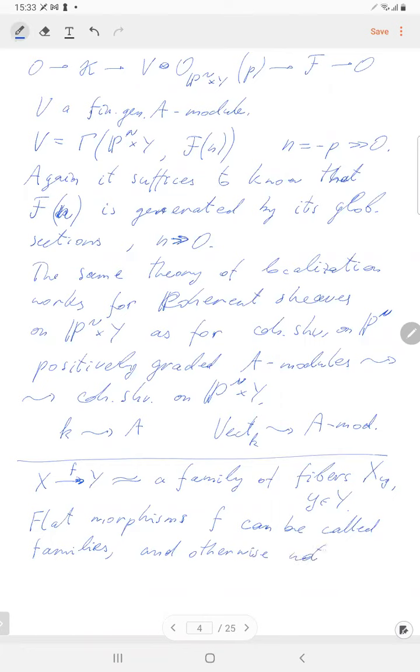So, for example, we can consider just the disjoint union of fibers, and the disjoint union of fibers, in no sense, will be a meaningful family. We somehow need some smoothness going from one fiber to another. And initially, it was not clear. Well, say in the classical differential geometry, there is a notion of smooth morphism, and that's a good family.